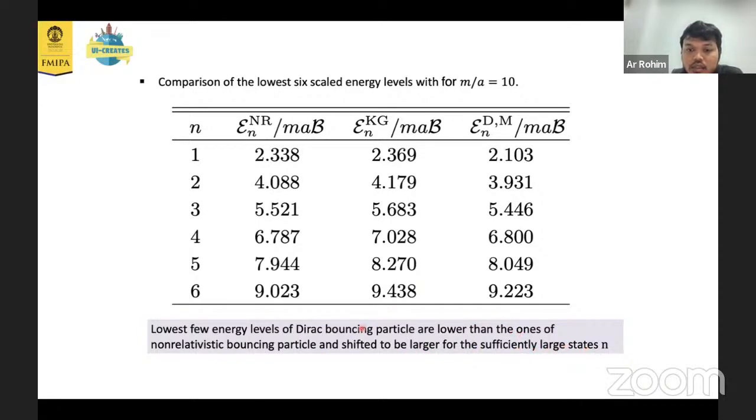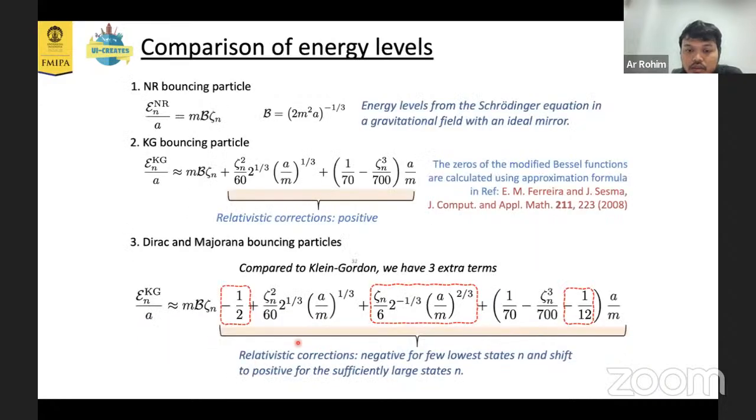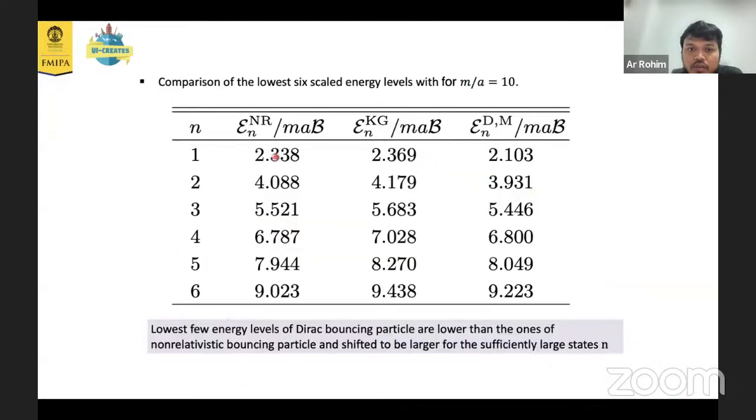This statement is also consistent with this one, which comes from these contributions. When n is low, this term is dominant, so it will be lower than the non-relativistic ones. But when n gets sufficiently large, the correction will be positive, so it will be higher than the non-relativistic ones.